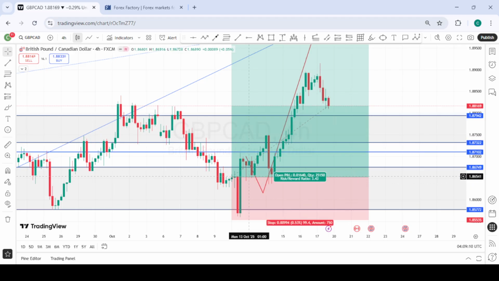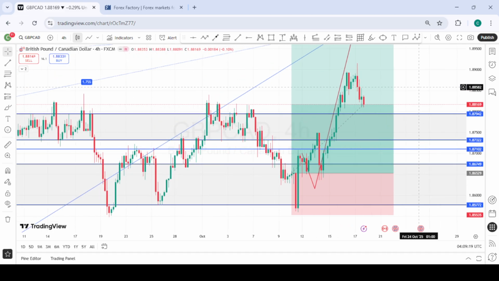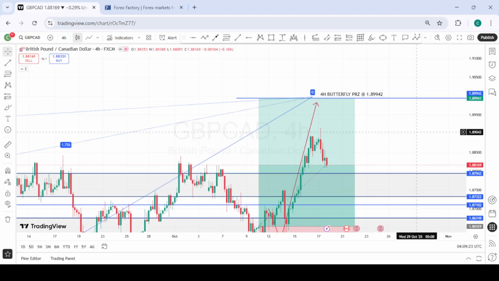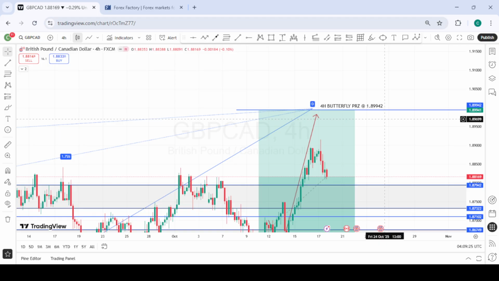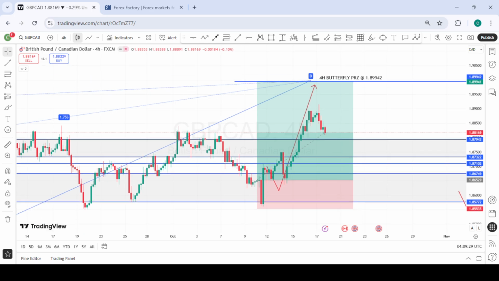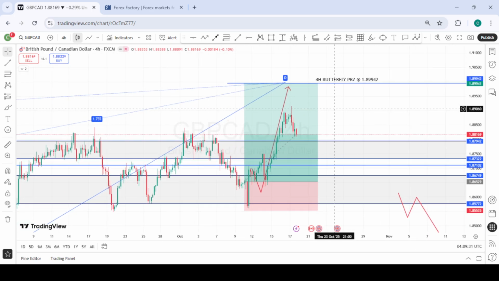Price pulled back the first time and bought a little bit and came back to the entry level again, and then we were able to enter this trade. So we are currently in this trade for GBPCAD, where we are targeting the 4-hour butterfly PRZ as our ultimate target. So going into next week, we'll be looking out for further opportunities as price is pulling back.